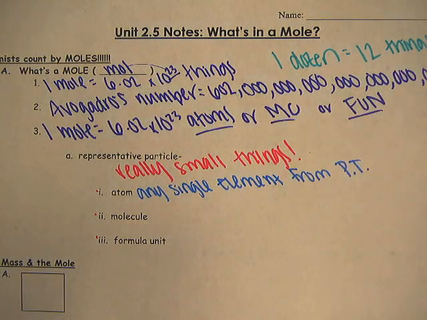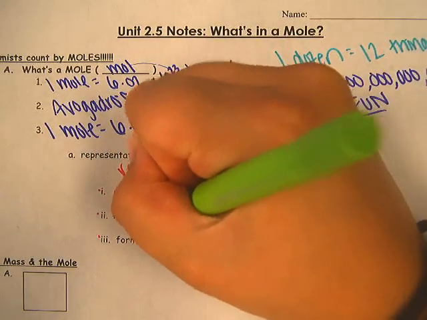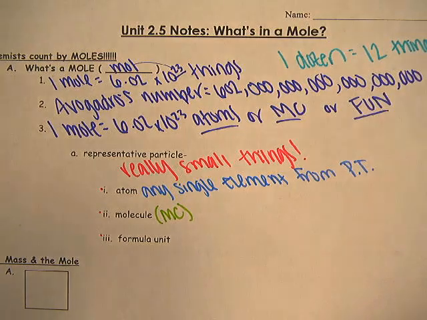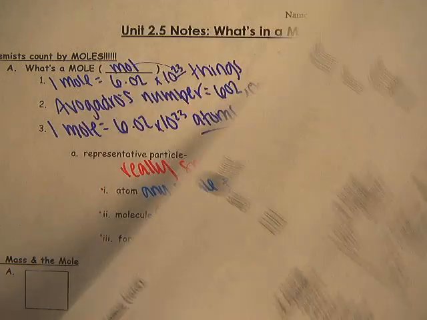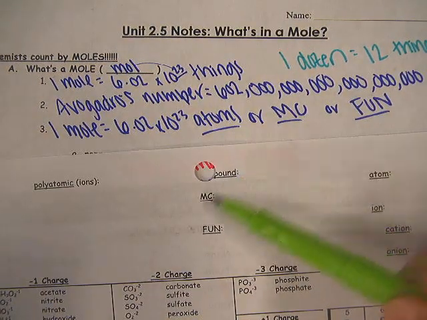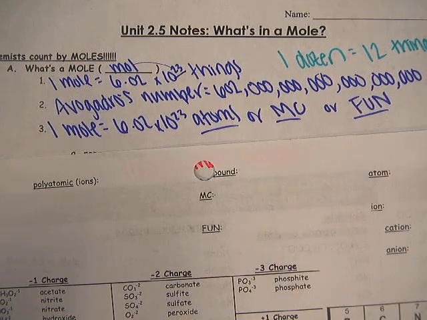And then a molecule, we will abbreviate that one as MC. So you'll notice these things written on your periodic tables at the top. So we have compounds, then we have MC, and then FUN. So MC stands for molecule, FUN stands for formula unit.